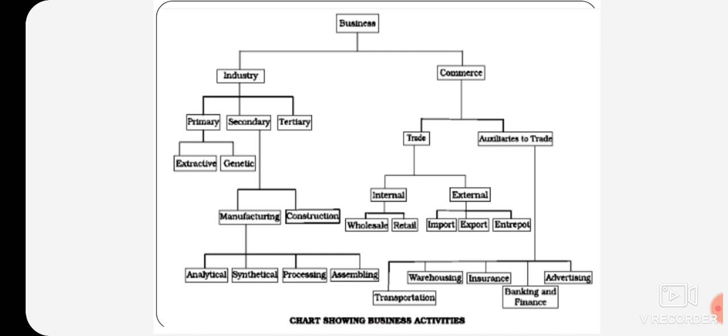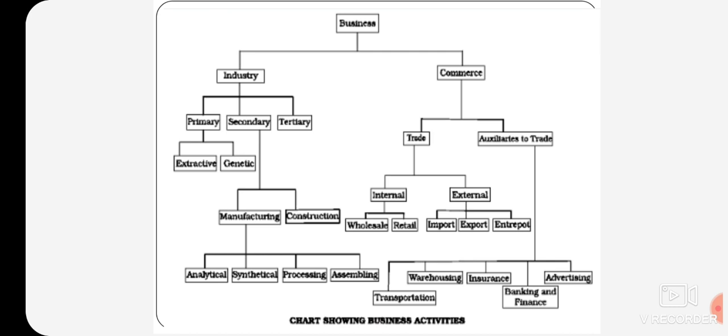So in case of auxiliaries to trade, these are the categorization: transportation, warehousing, insurance, banking and finance, and advertising. This is what about the heading of commerce.